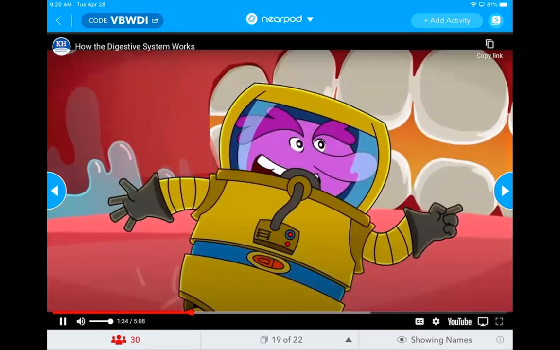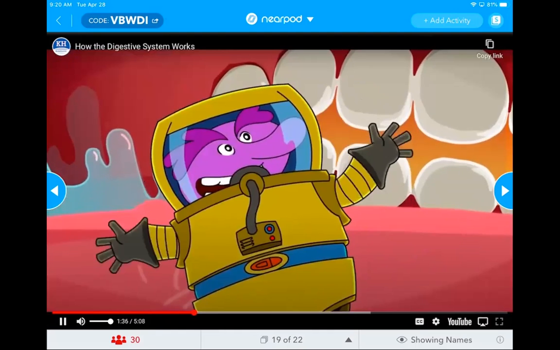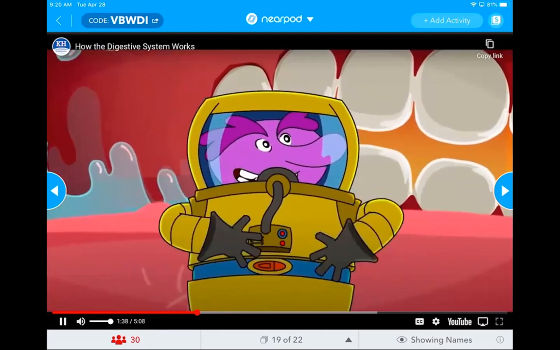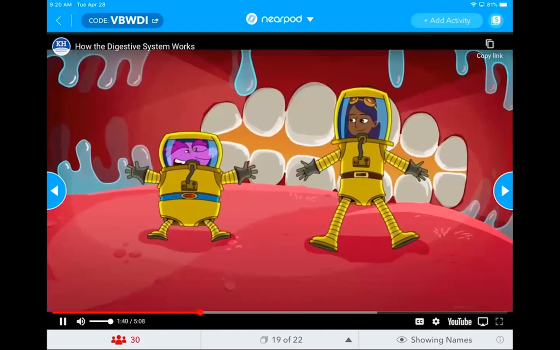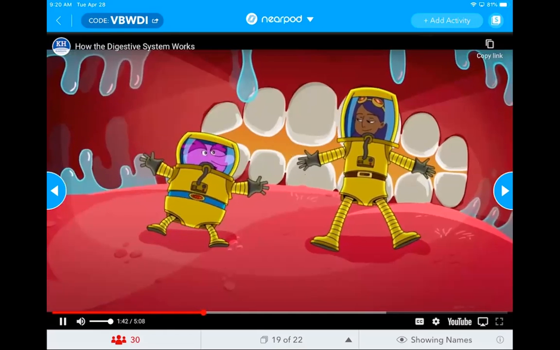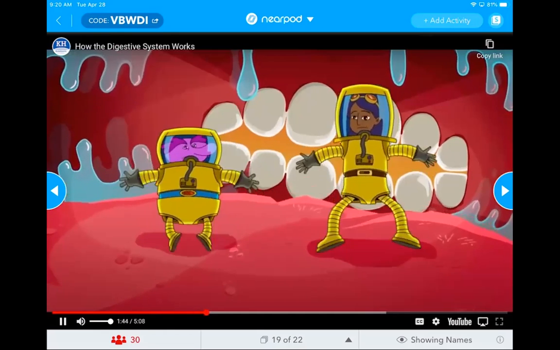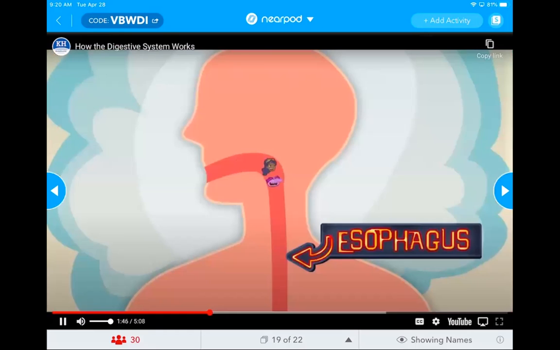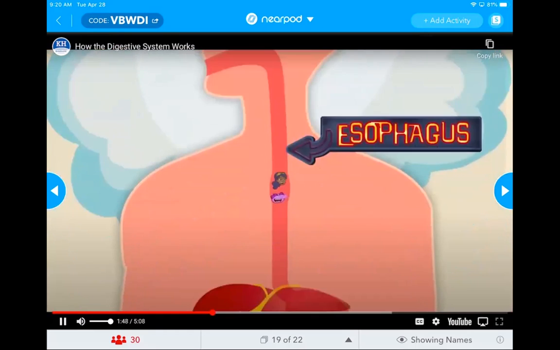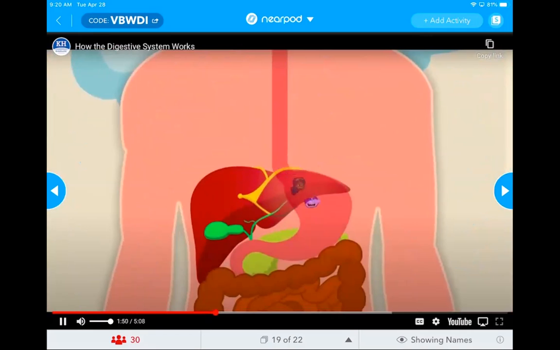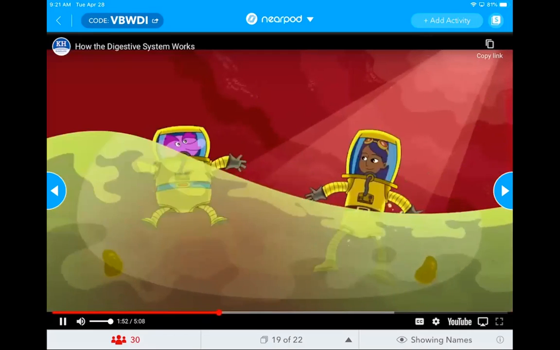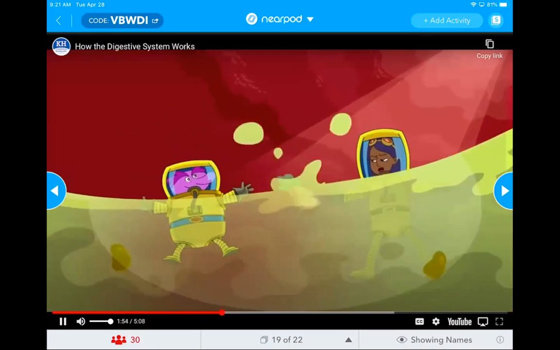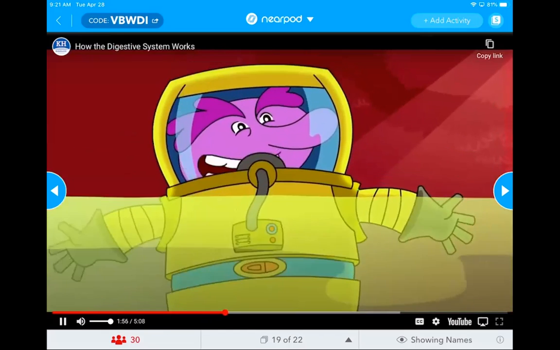Oh, that's saliva. As soon as you take a bite of food, digestion begins. Saliva contains things called enzymes that start breaking down food immediately. Looks like we're in the esophagus, a tube that runs from your mouth to the stomach.